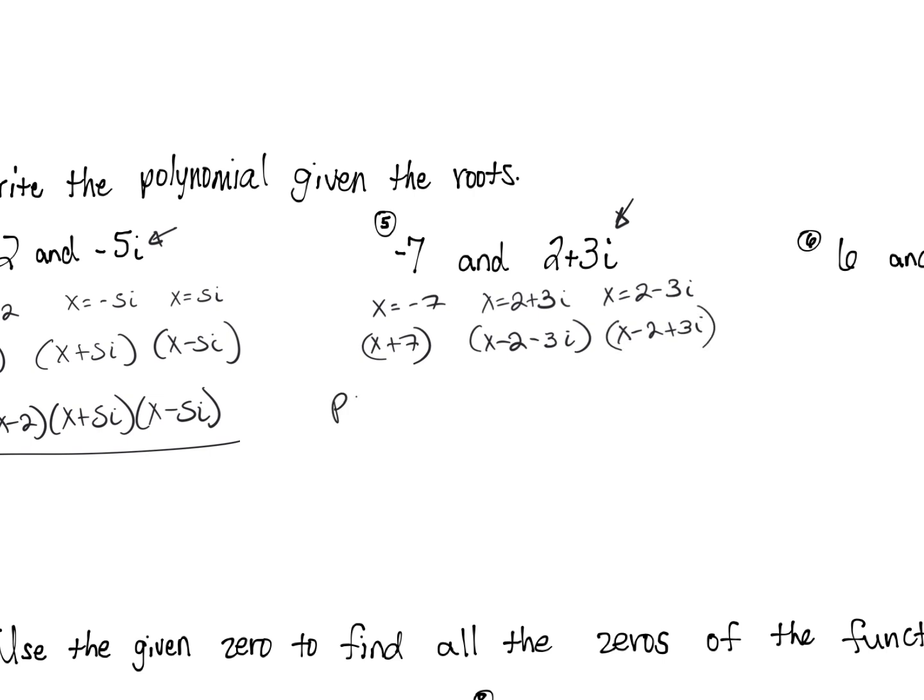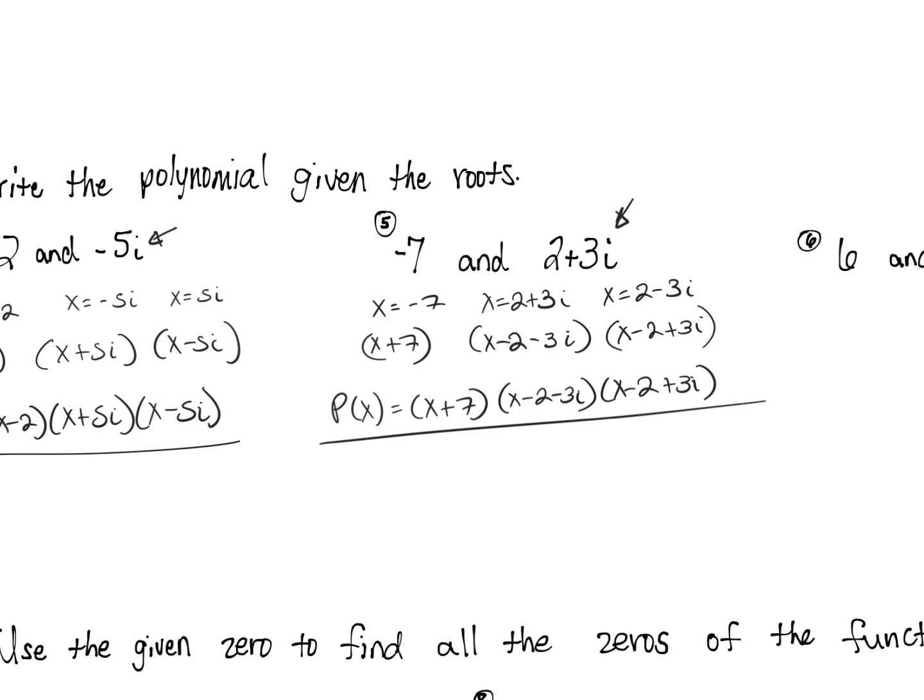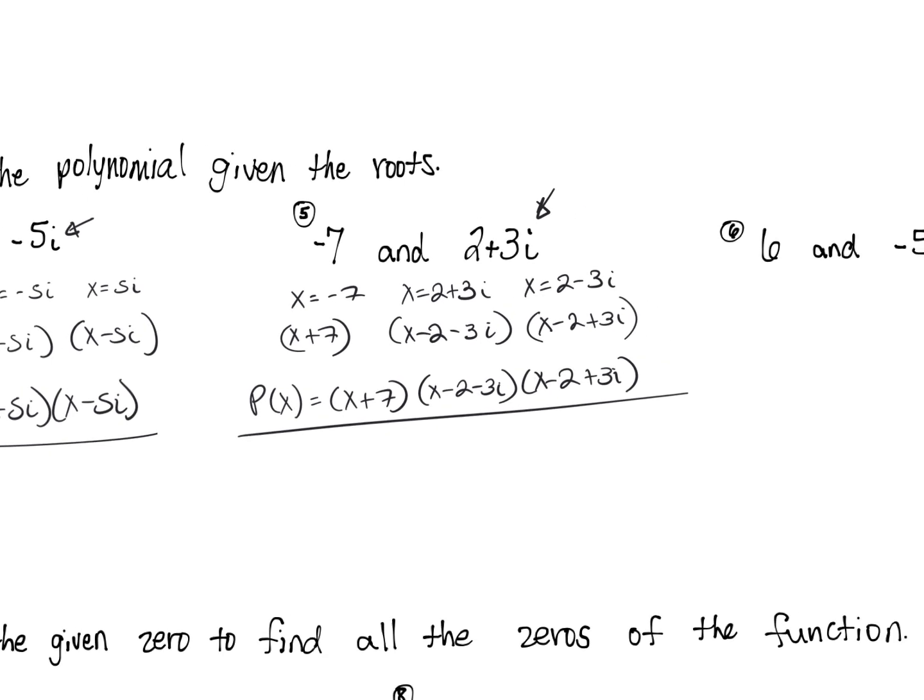So we're going to get P of x equals x plus 7, x minus 2 minus 3i, and then x minus 2 plus 3i. Again, don't worry about whether it's P of x, f of x, or h of x. Any letter is fine. I'm just using P of x because that's what we've been using for the whole time for the notes, but you could use f of x if you feel more comfortable.